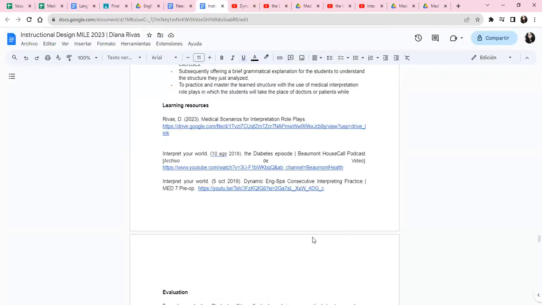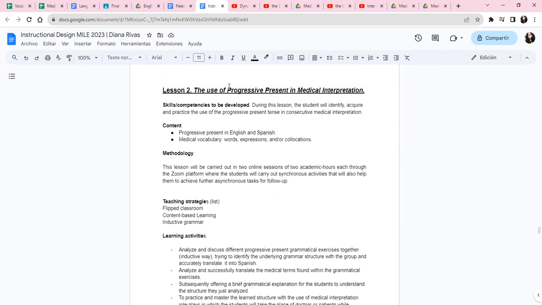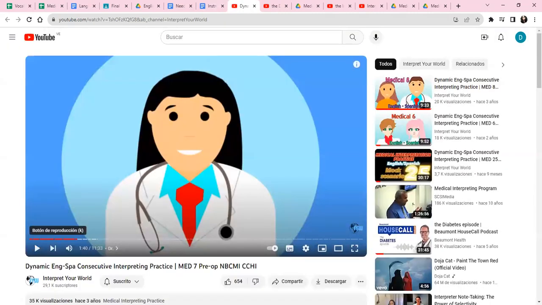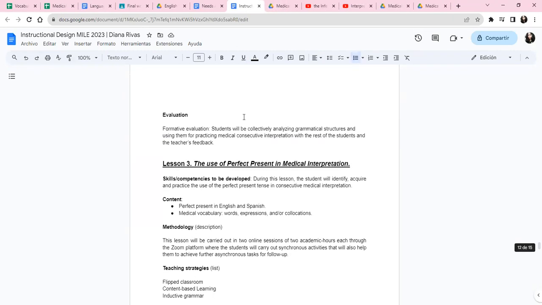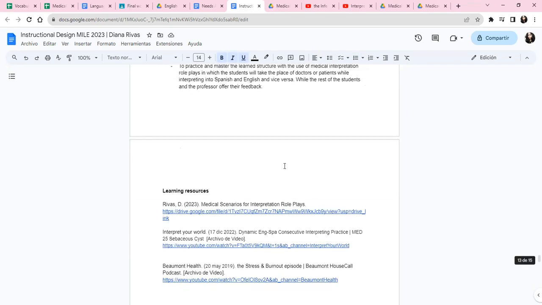It's going to be exactly the same as what we did in the first lesson, but we're going to be focusing on progressive present in medical interpretation, and of course different materials and scenarios. And it's going to be the same for present perfect in medical interpretation.